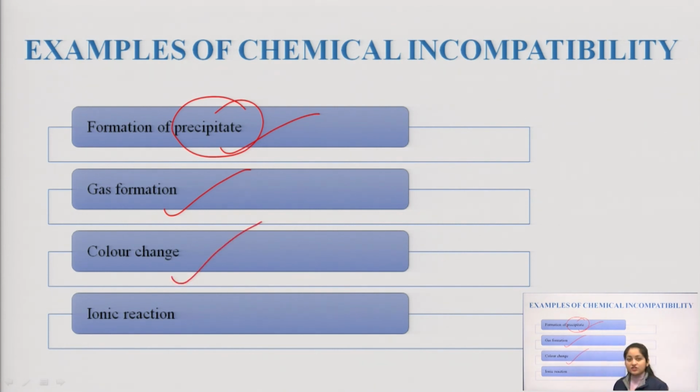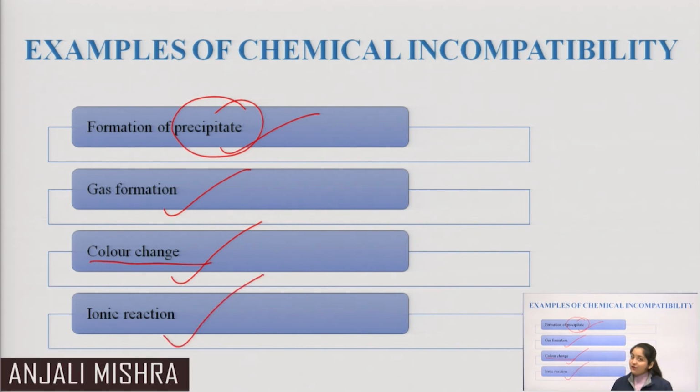Color change occurs as a result of chemical reaction. The final thing is seen by the naked eye, so it is a physical incompatibility. However, the reaction that has led to the color change is included under chemical incompatibility. Another example is ionic reaction. Ionic reaction is going to make various changes.